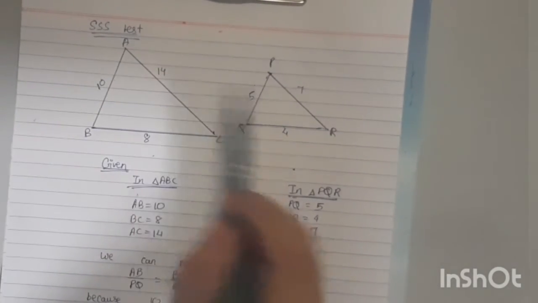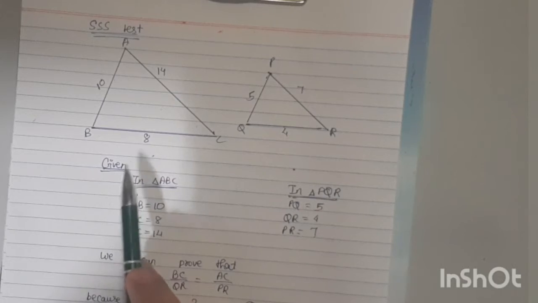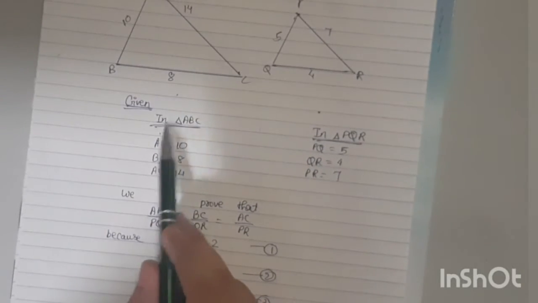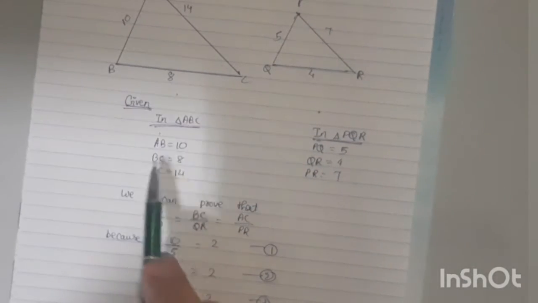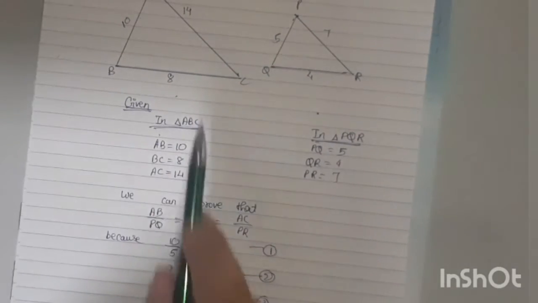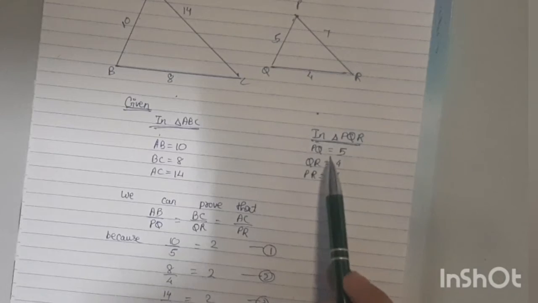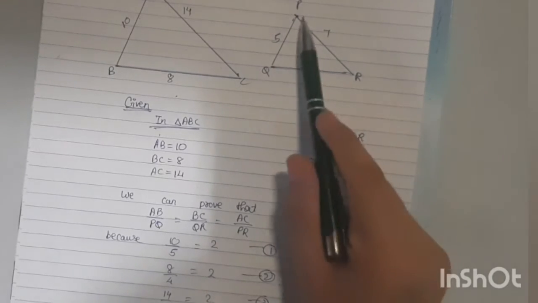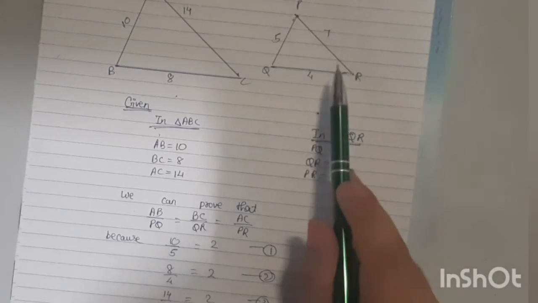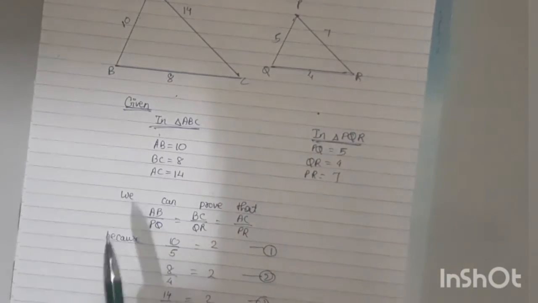Here I have drawn two triangles. Given is, in triangle ABC, AB is equal to 10, BC is equal to 8, and AC is equal to 14. The measures are given. And in triangle PQR, PQ is 5, QR is 4, and PR is 7.